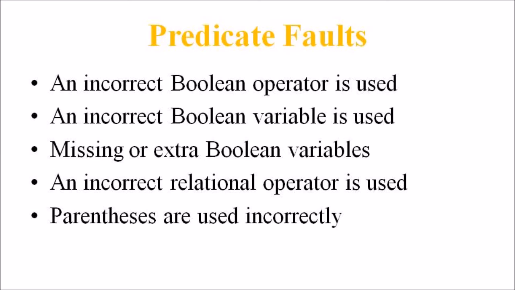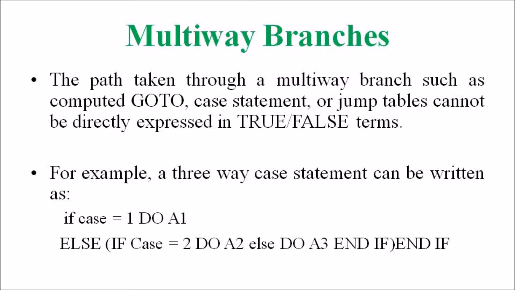The fourth one is an incorrect relational operator is used, and the final one is parentheses are used incorrectly. So these are the major 5 conditions where a predicate may result in a fault or error condition. Those conditions are incorrect Boolean operators, incorrect Boolean variables, missing or extra Boolean variables, incorrect relational operators, and finally parentheses used incorrectly.